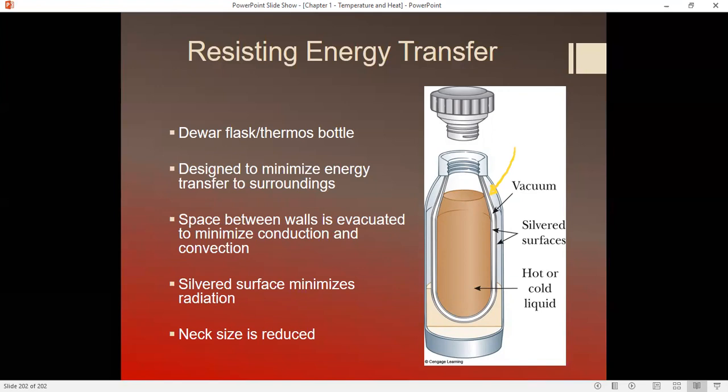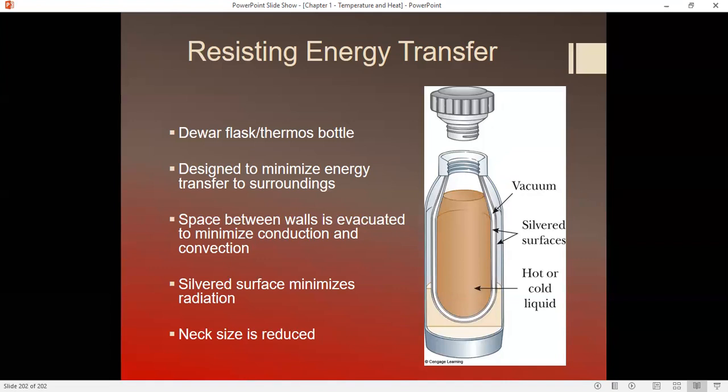Because the emissivity is pretty close to zero, we can't have thermal radiation coming in or going out of the liquid inside. Because it's a vacuum, there's no conduction or convection. So this Dewar flask is very efficient at insulating, or preventing the transfer of energy. A lot of times we'll use this to carry cryogenic fluids.